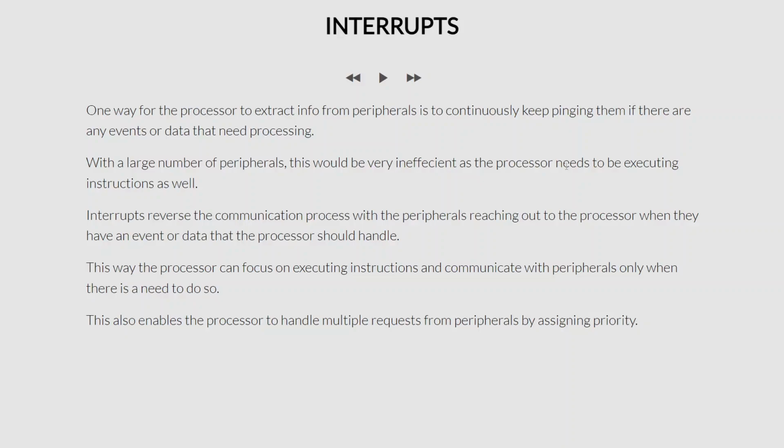So this way the processor can stay focused on executing instructions and executing control loops and things like that. And it can only communicate with the peripheral when there is a need to do so. When the peripheral asks the processor that, look, I have something for you, right? Only then can the processor actually deviate from the task that it is performing.